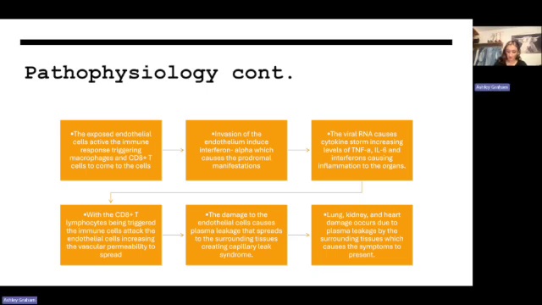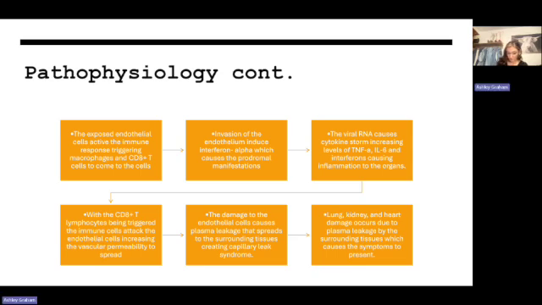The viral RNA causes a cytokine storm, which increases levels of TNF alpha, IL-6, and interferons, causing the organs to become inflamed. With the CD8 T lymphocytes being triggered, the immune cells attack the endothelial cells, causing vascular permeability to increase.